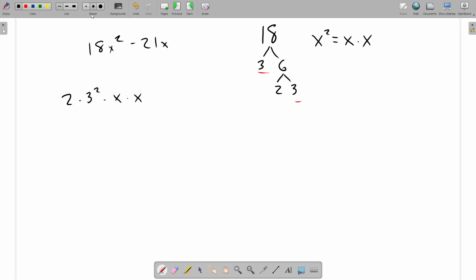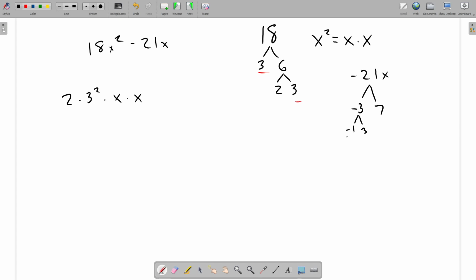And what about the negative 21x? Well, 21 can be 3 and 7, but this is negative 21, so I need to make one of these a negative, doesn't matter which one. And then negative 3 can be negative 1 and 3.